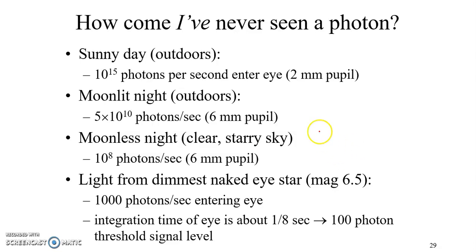We do have a few examples here. For every light here, such as on a sunny day, moonlight, moonless night, light from the most distant star, the photon is there, but we can't see it.